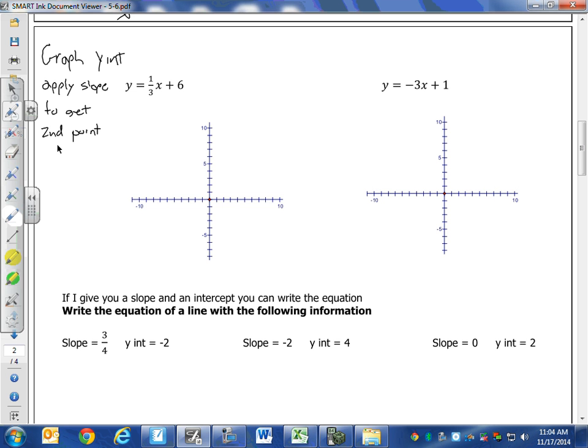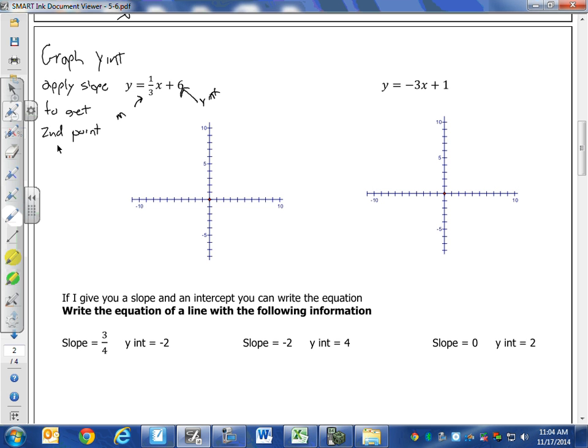Yes. If the slope is negative 3, you can write it as negative 3 over 1. Six is your y-intercept. 1/3 is your slope, which is your rise over your run. Graph your y-intercept, apply the slope to that first point.